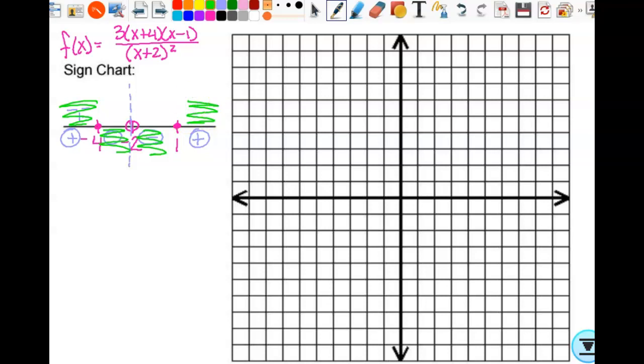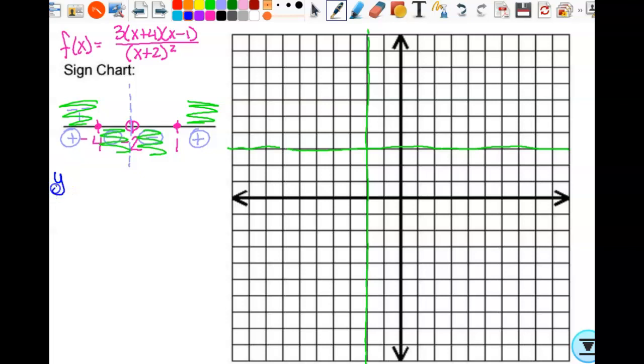All right. Put our asymptotes on here. We have an asymptote at -2, and we have a horizontal asymptote at 3. So since our horizontal asymptote is not at 0, we have to check it. We don't have to redo anything here.